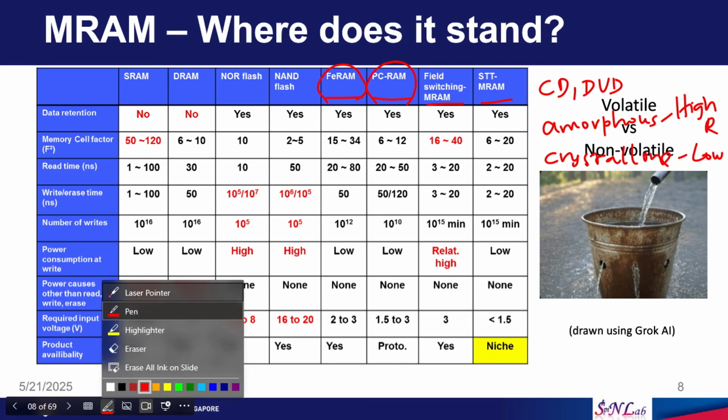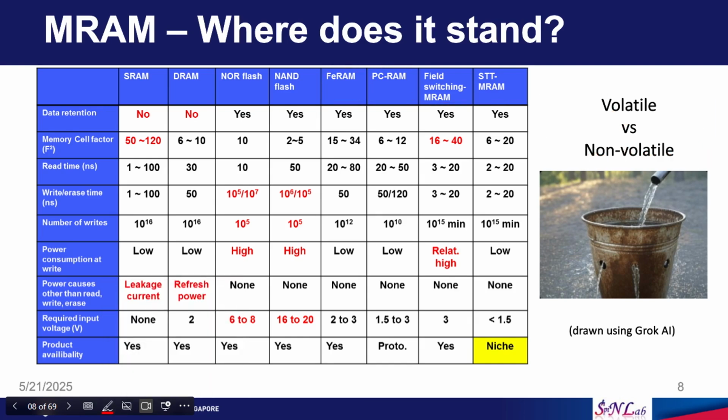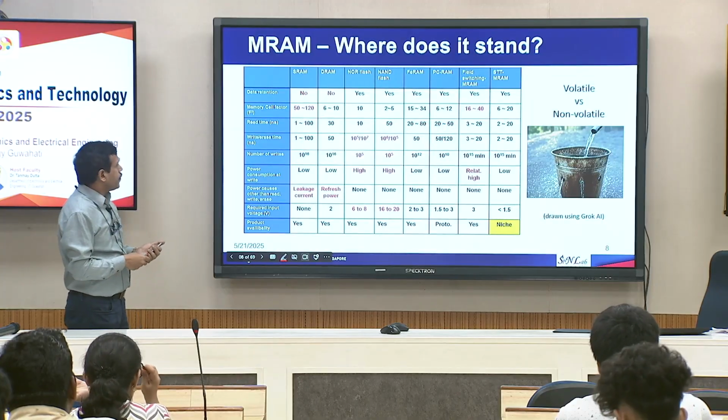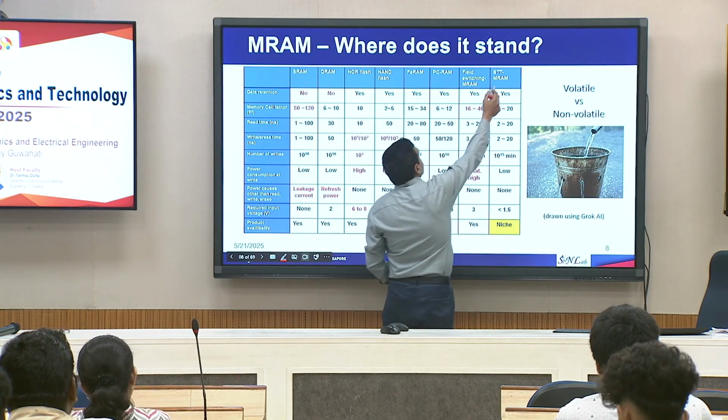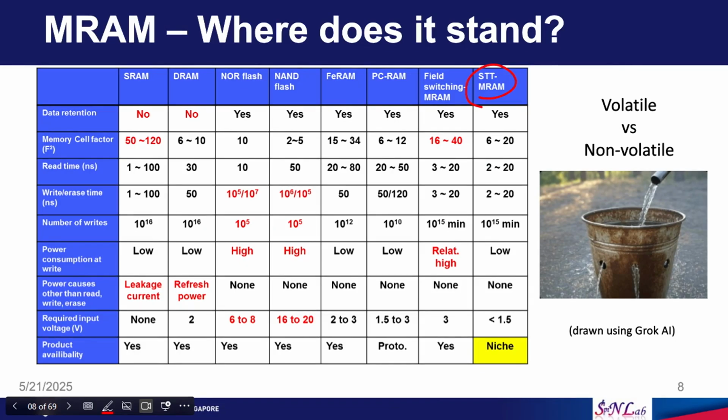So, various communities, people working on different materials, were looking at alternative memories. So, the MRAM that we are going to learn today is competing with so many other candidates. For example, if you look at SRAM, SRAM occupies a very large area. I will later explain what is F square, and SRAM also has a leak current.